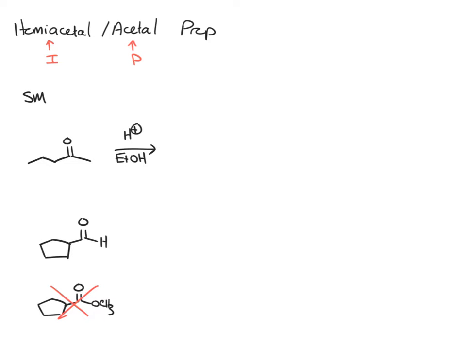But basically, what's going to happen is you first get the hemiacetal, where this O-ethyl group adds to the carbonyl carbon, and this oxygen becomes an OH. Let's get the OH, and the O-ethyl adds.